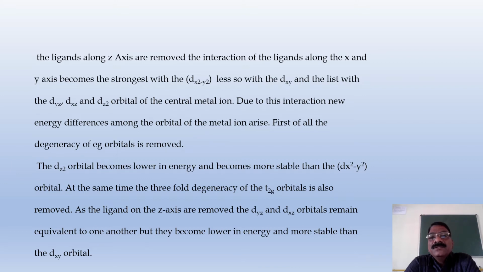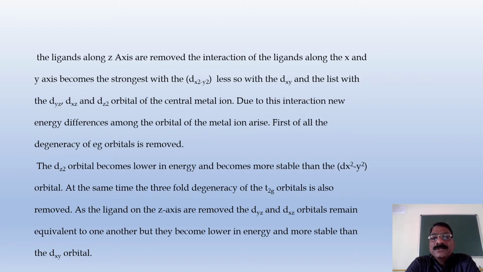The interaction of the ligands along the x and y-axis becomes the strongest with the dx square minus y square, less with the dxy, and the least with the dyz, dxz and dz square orbitals of the central metal ion.